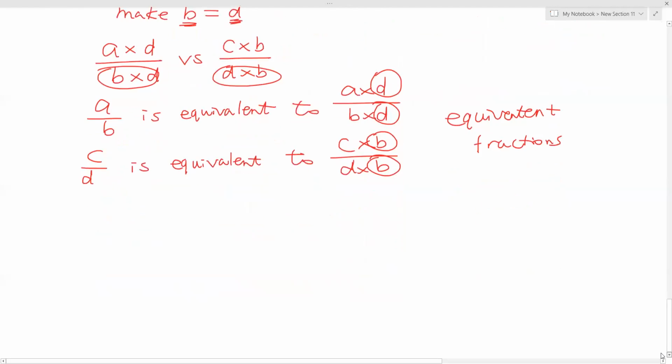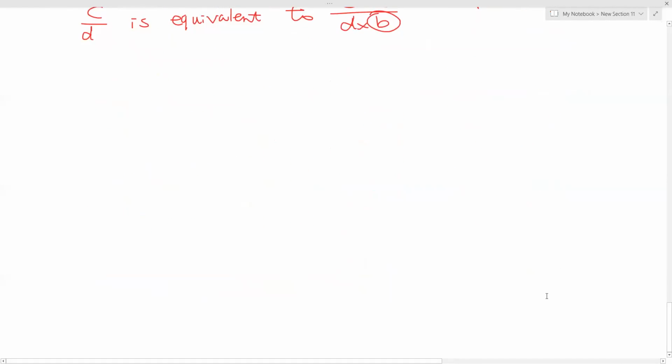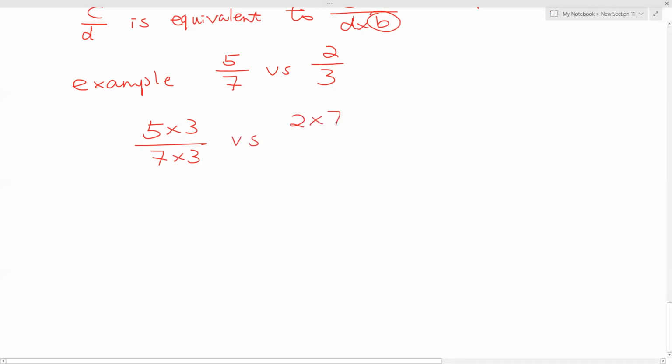Let me give you a simple example: 5 over 7 versus 2 over 3. Instead of comparing these two directly, we are going to compare 5 times 3 over 7 times 3 versus 2 times 7 over 3 times 7.